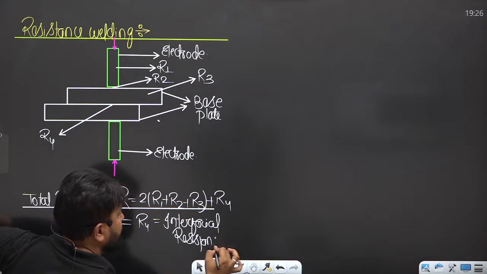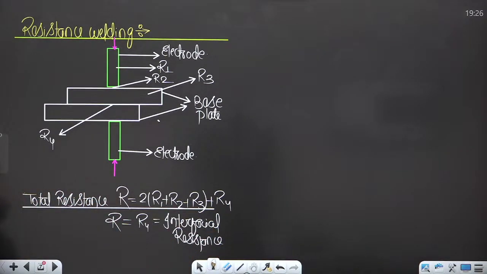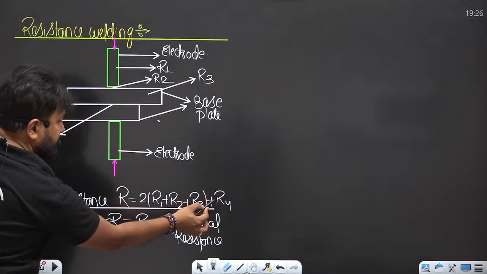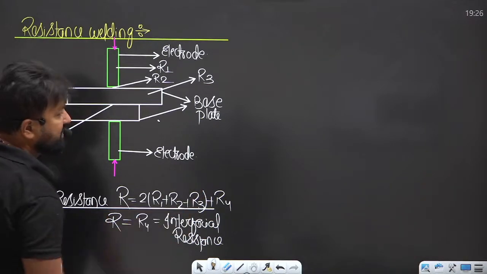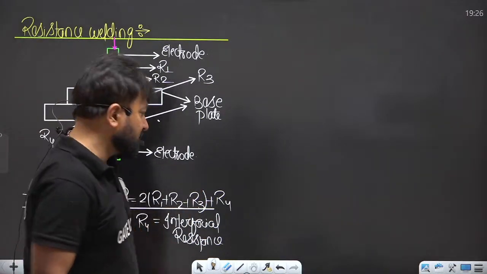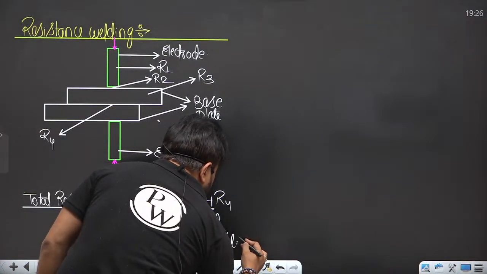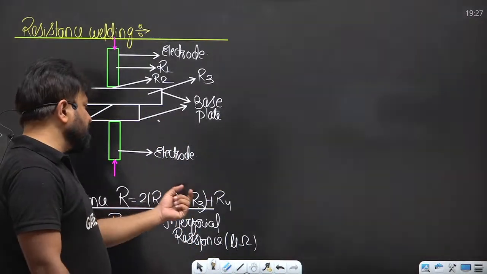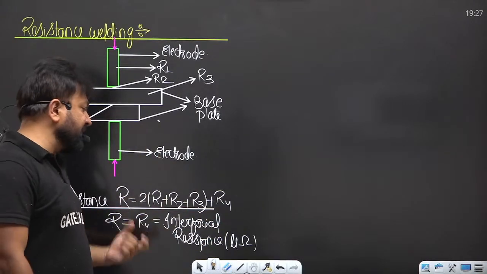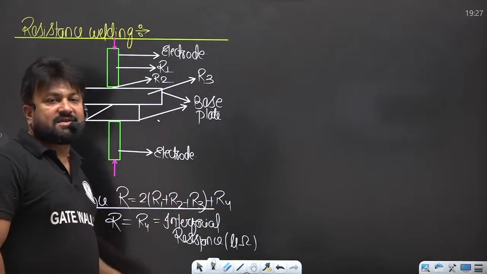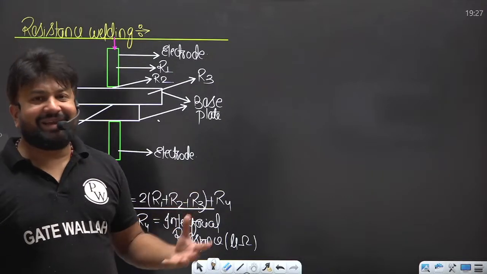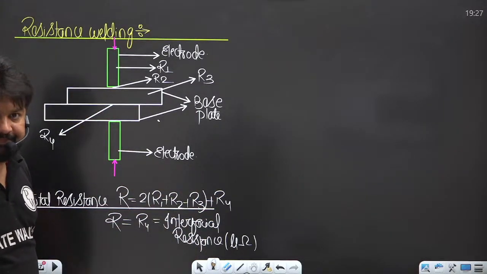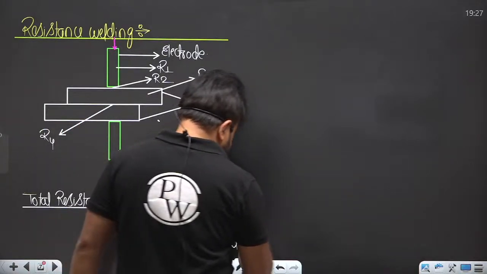The maximum value among them will be only R4, and it will be in micro ohms. Since the others are very small, you can neglect them. So what is the basic principle?